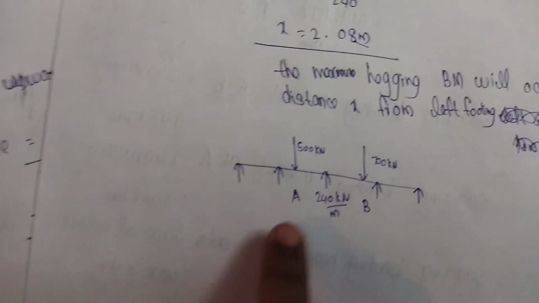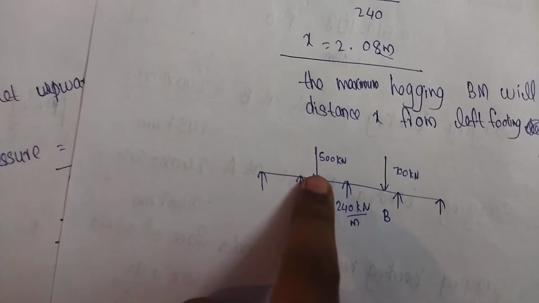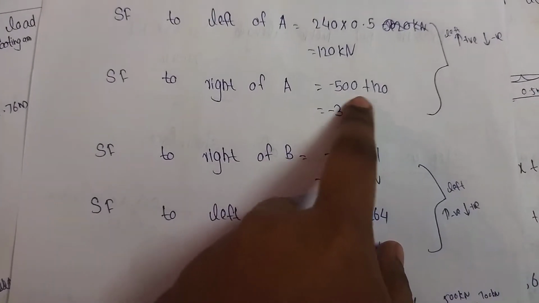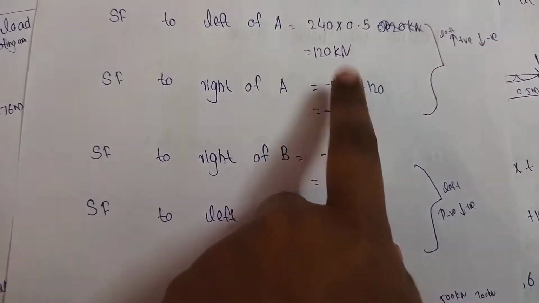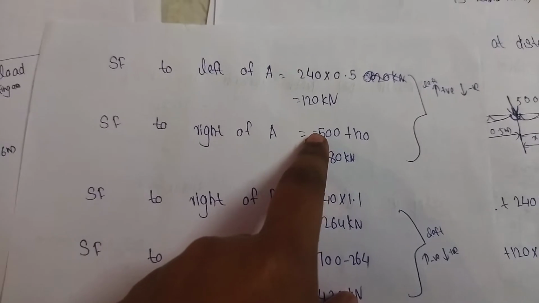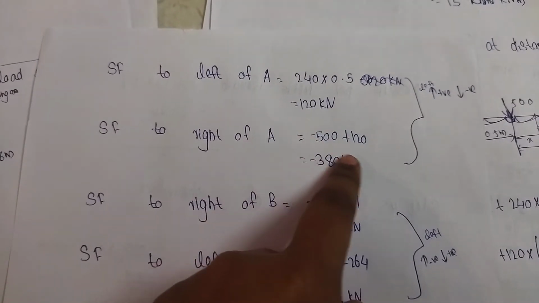Next is the shear force to the right of A. Shear force to the right of A just includes this value with 500, that is 500 plus 120. But this 500 is acting downward, so assume the downward force on the left side of the column as negative.